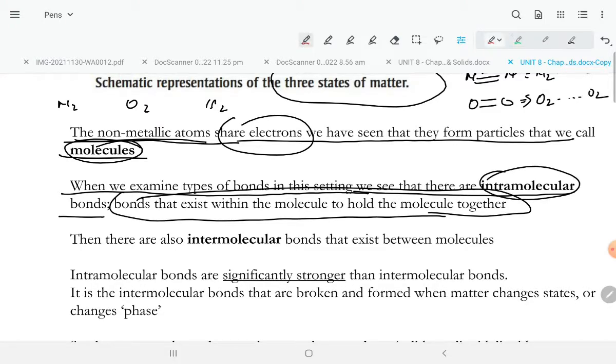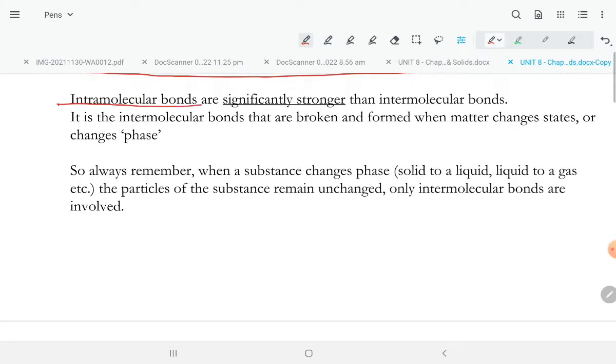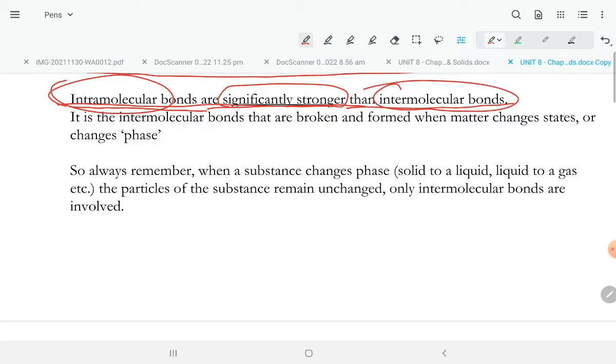Then there are also intermolecular bonds that exist between molecules. Intramolecular bonds are significantly stronger than intermolecular bonds. Keep in mind, intramolecular bonds are found in the same molecule, while intermolecular bonds are between different molecules.